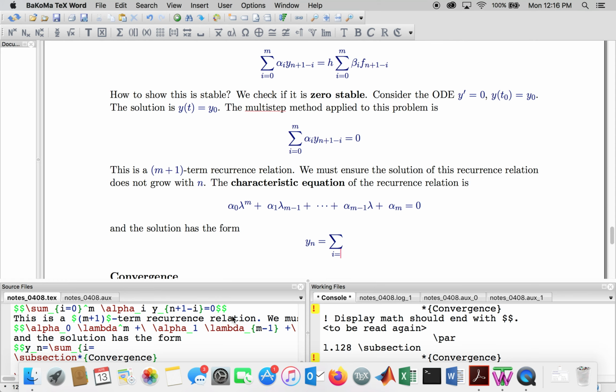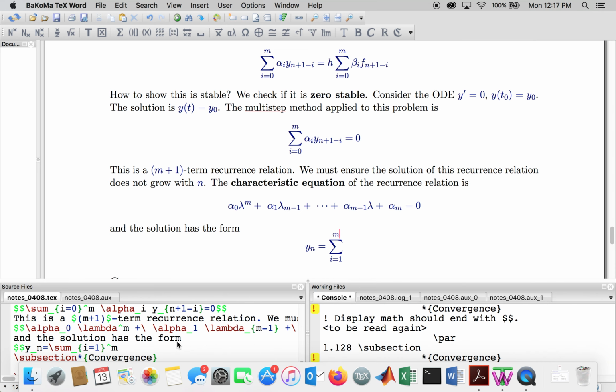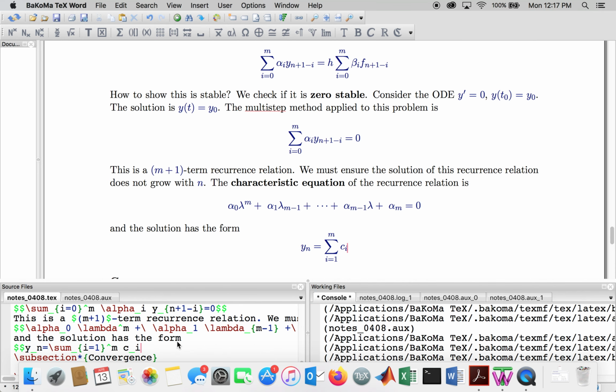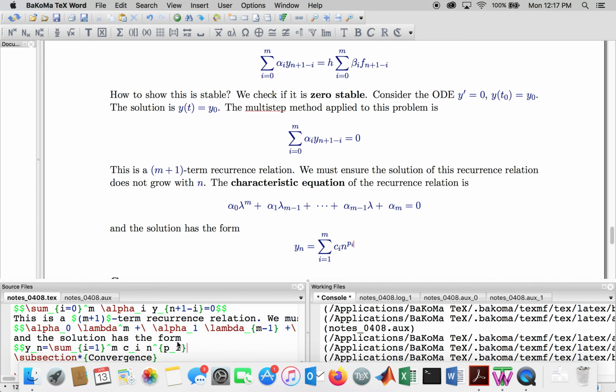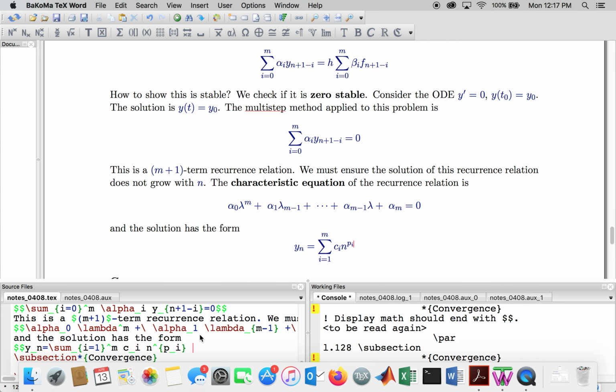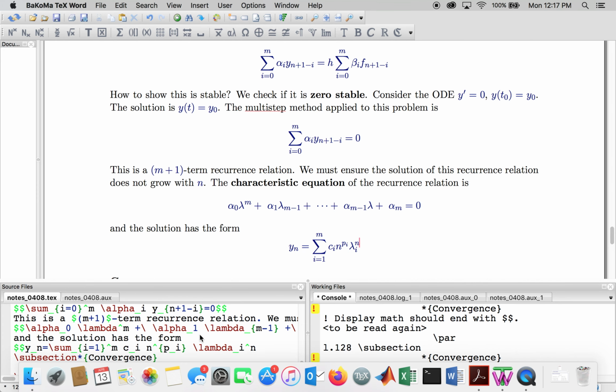Just spotted a typo in the notes. In the notes I have the sum going from 0 to m. It should be from 1 to m because there are m roots. So I have constants that depend on the initial values, and then I have n to the p_i times lambda_i to the n.